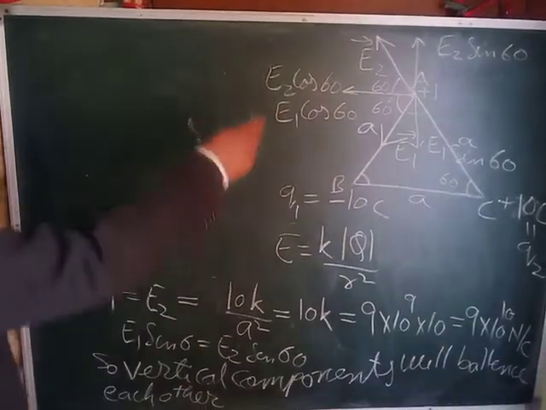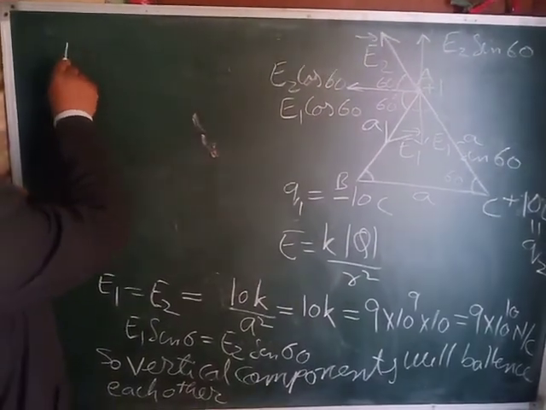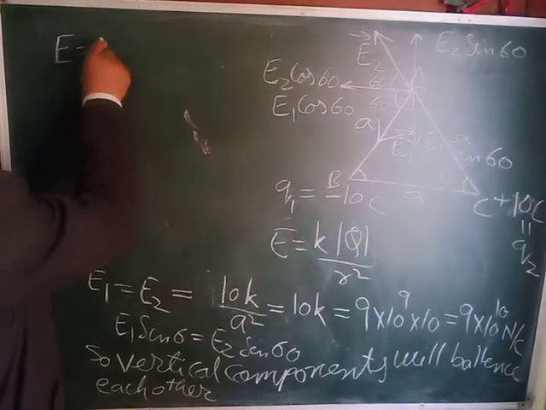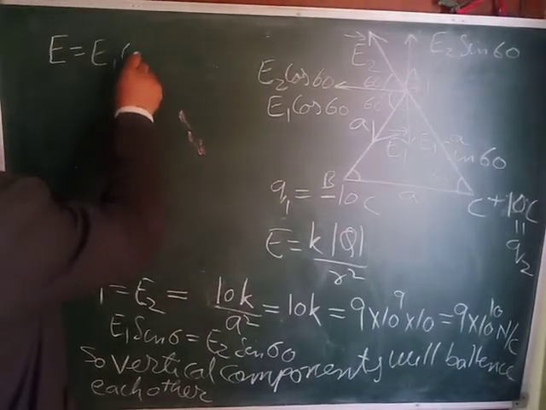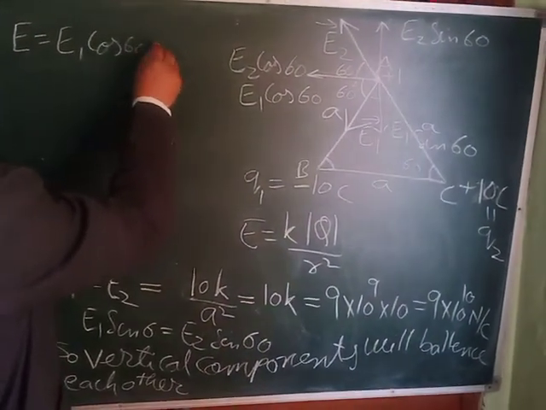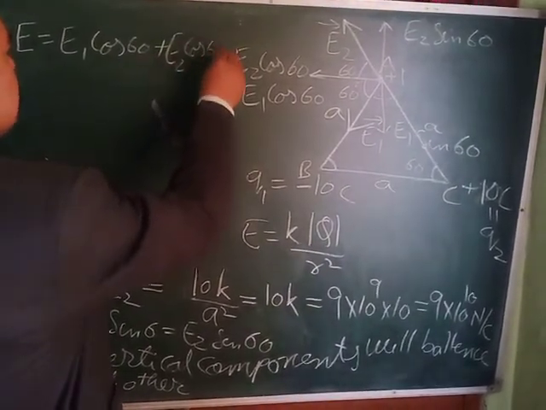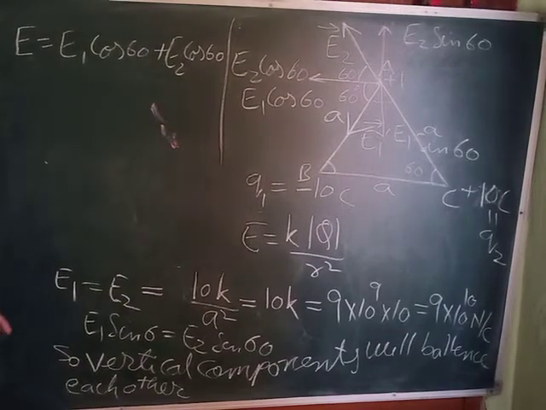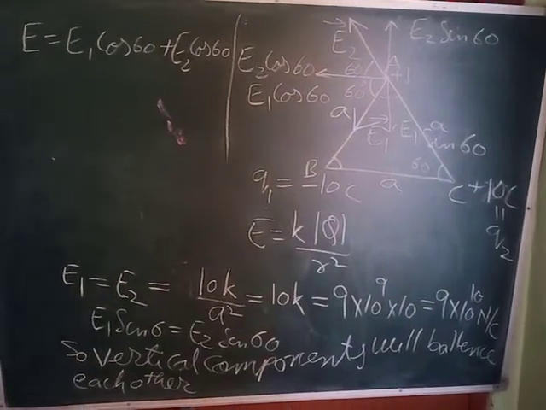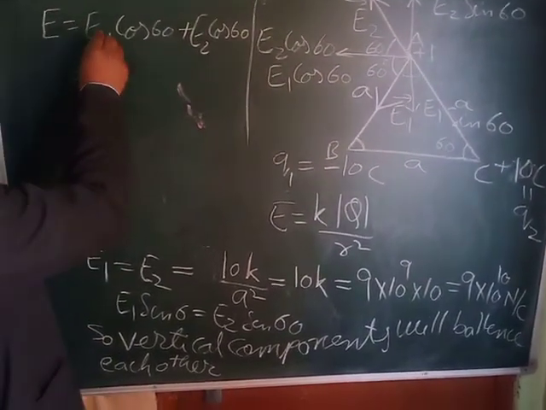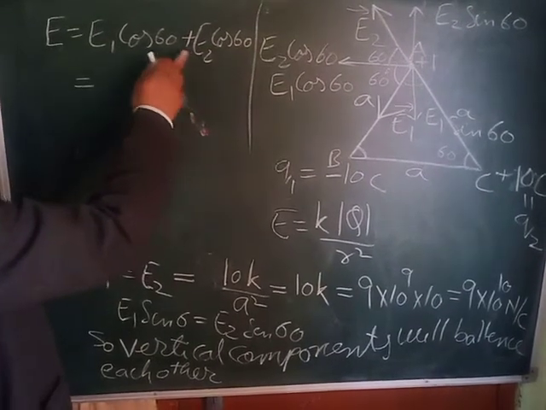Now see, the net electric field intensity is E1 cos 60 plus E2 cos 60. But E1 equals E2, so we can replace E2 by E1.